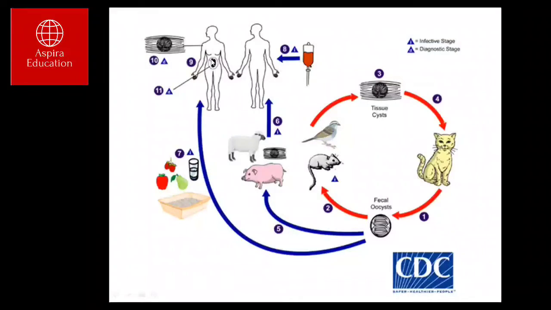Once it enters the human body, the trophozoites, which are the infective forms, form what's called a tissue cyst. The predilection is for the brain and the eye. Remember, there's no direct transmission from one to another. It's a dead-end infection in one particular human being, except if she's a mother, and then she can transmit it to her fetus.